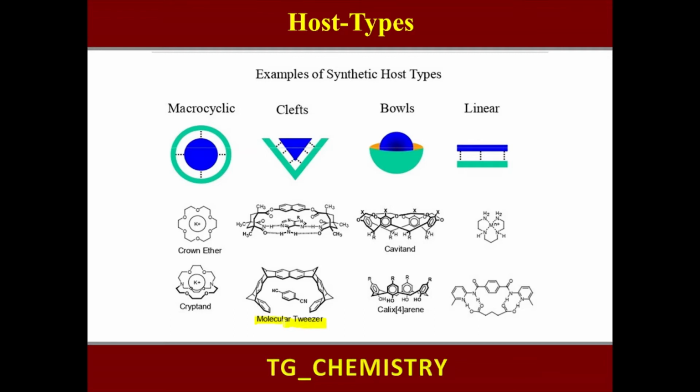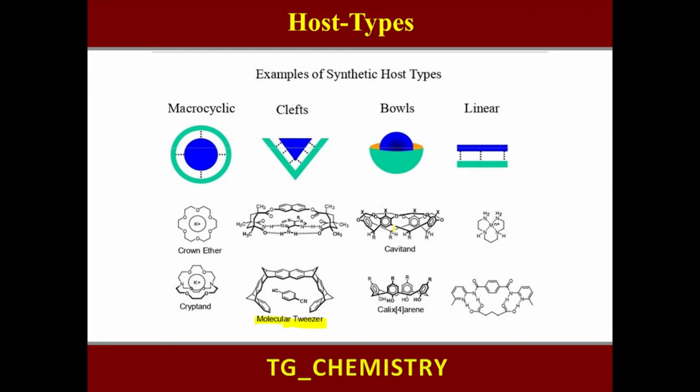The open cavity of the molecular tweezers may bind the guest using non-covalent bonding, which, as we talked about, can be hydrogen bonding, metal coordination, hydrophobic forces, van der Waals interactions, pi-pi interactions, and also electrostatic effects. So these are the molecular clefts, especially the molecular tweezers.